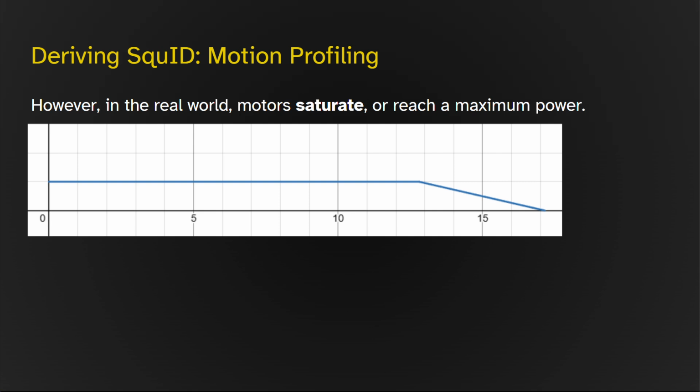But of course, in the real world, you can't give a motor infinite power. At some point, it can't go any faster. So there's going to be some upper limit to what our velocity can actually be, and that's why we have this straight plateau and then this deceleration in this image.